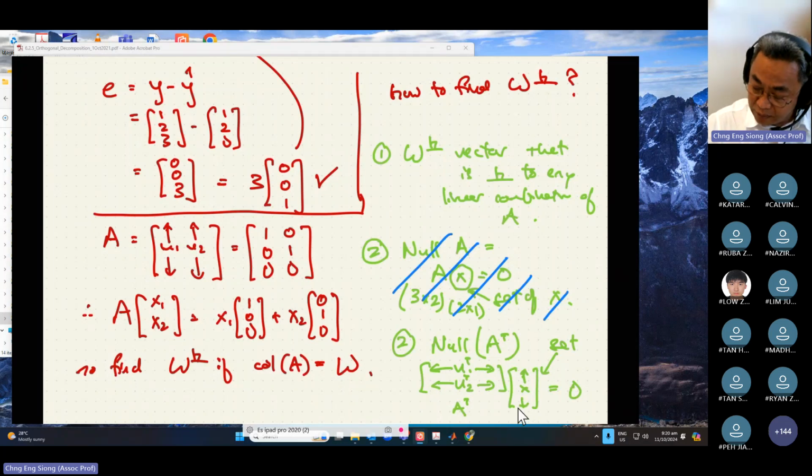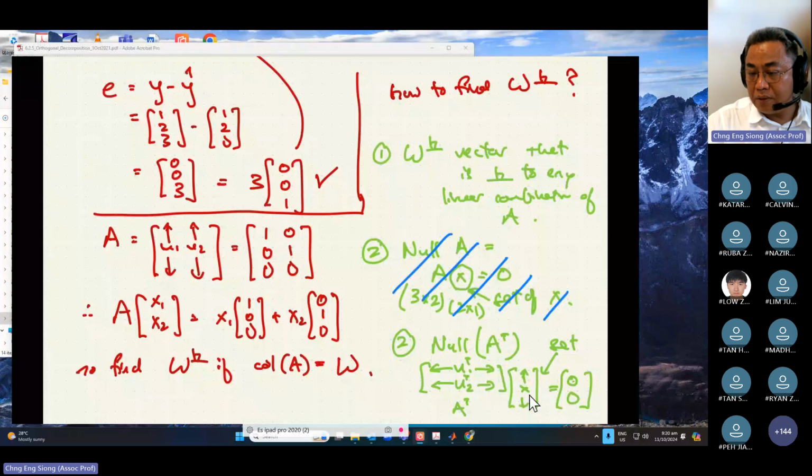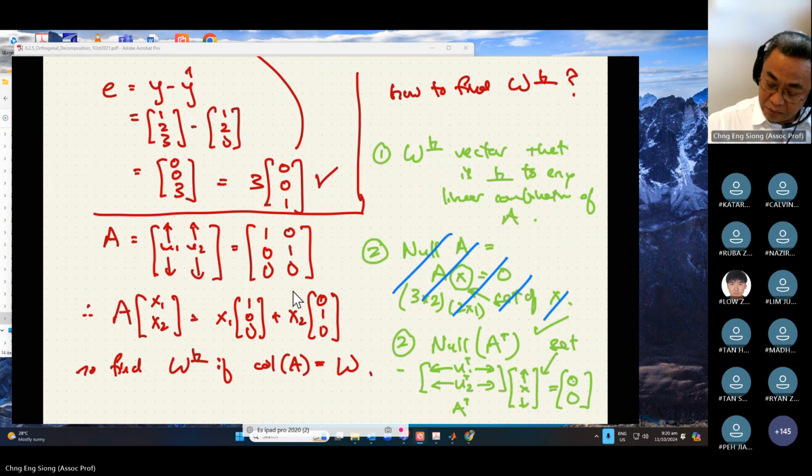So actually, I should be writing 2 zeros here. So this inner product is 0, this inner product is 0. Exactly what we want, right? We want the x such that it's orthogonal to this one. So the null space of A transpose gives you W perp. Voila.